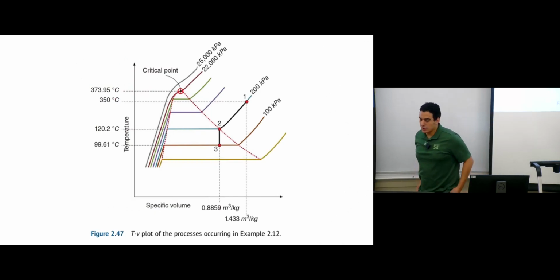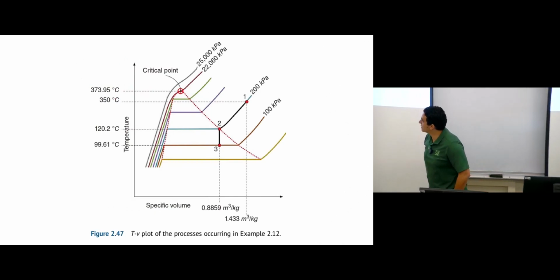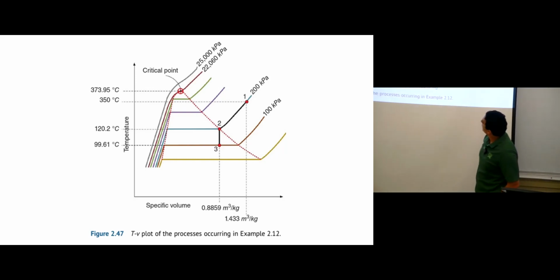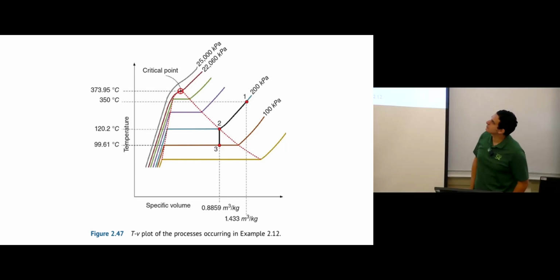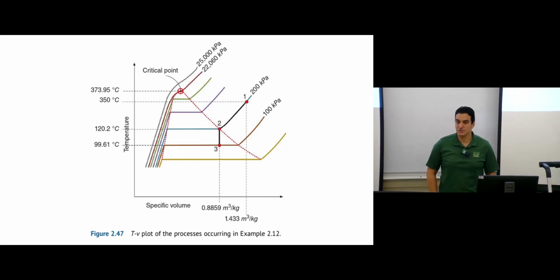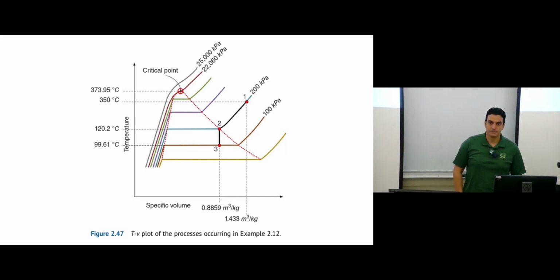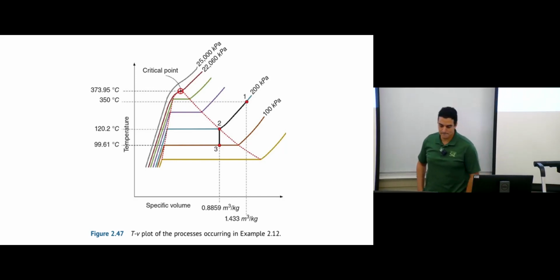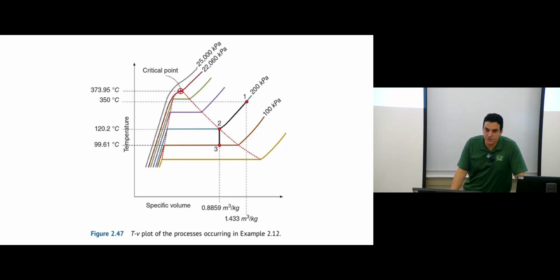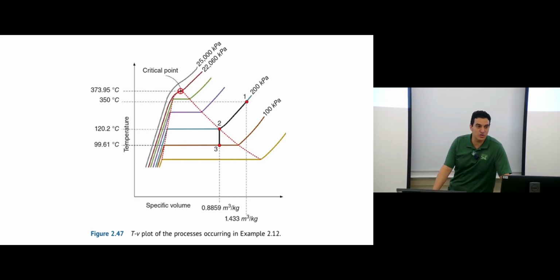Okay. So now let's assume I give you this example and I ask what the saturation pressure is at 120 degrees Celsius. Temperature 120 degrees Celsius. So what is the saturation pressure for this one?